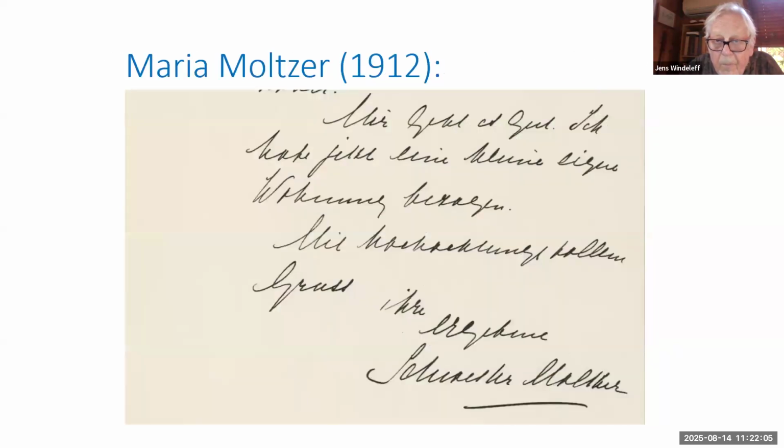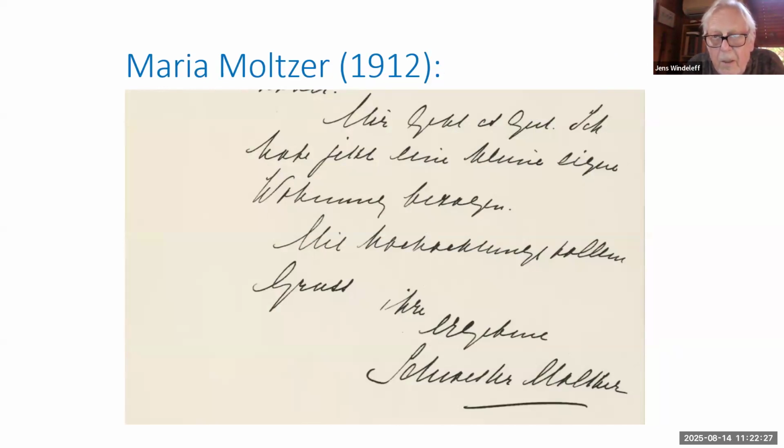So we go to Maria Moltzer, who was called Schwester Moltzer, Sister Moltzer. She was one of the closest collaborators to Jung about psychology and typology.